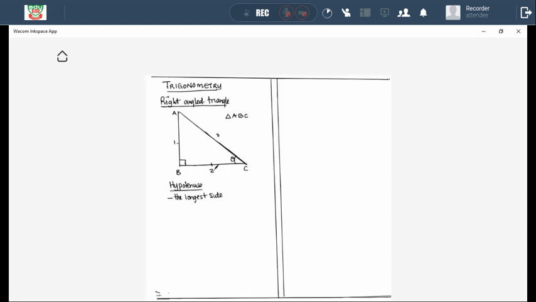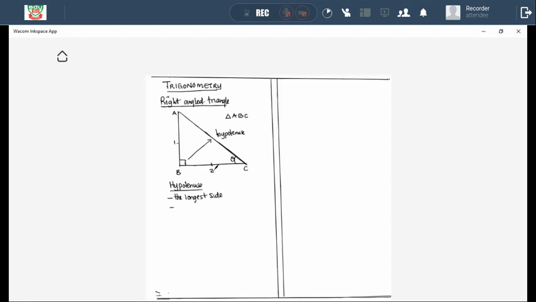How else can I identify the hypotenuse from the right angled triangle? It is the side which is opposite the 90-degree vertex. So if you look at this side, we are now calling it the hypotenuse. Why? It is the longest side. Secondly, it is always opposite that 90-degree vertex.